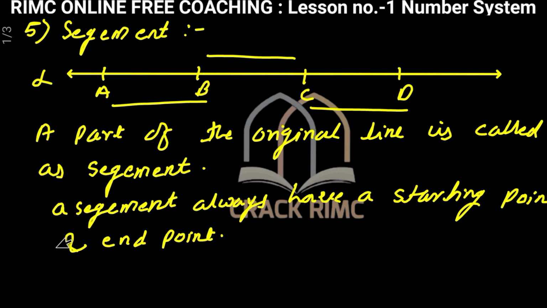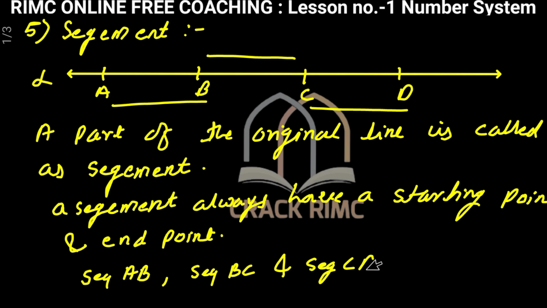As we have said, line L consists of segment AB, segment BC, and segment CD. What it means?